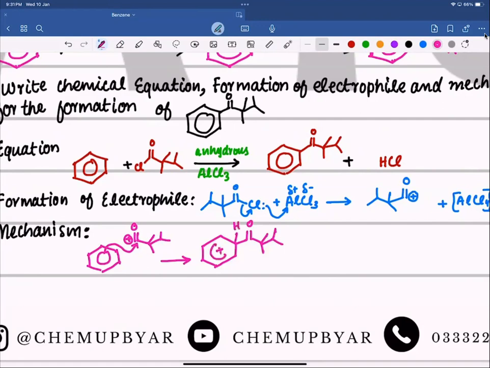The pi system is disturbed. It breaks the hydrogen and provides the lone pair to the system to restore it. And here the intermediate negative ion interacts with the hydrogen ion, which is released to form HCl, and our organic product is also formed. Is this clear?